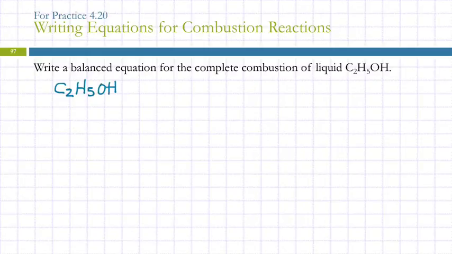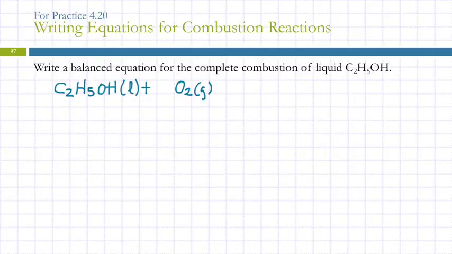What's the state of that? The liquid. Now what do I do? What's required for combustion? Oxygen. The other reactant is O2. What do you think the state of O2 is? It's a gas. So that's what we're starting with.